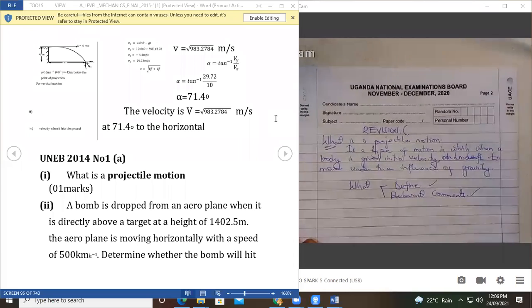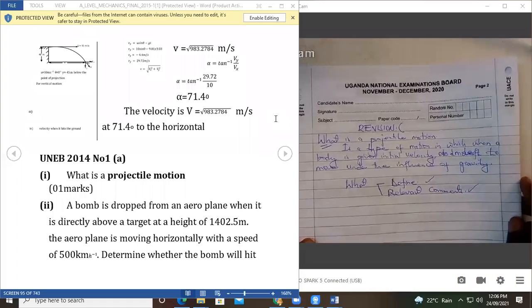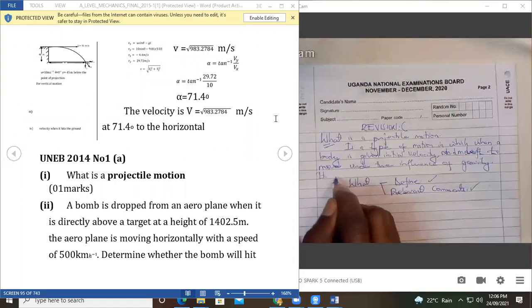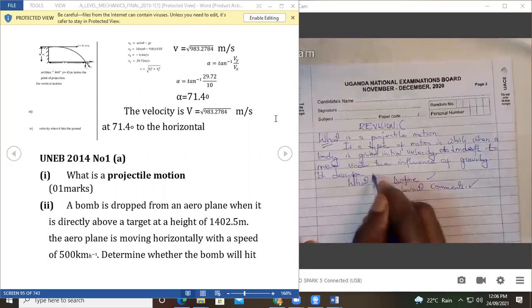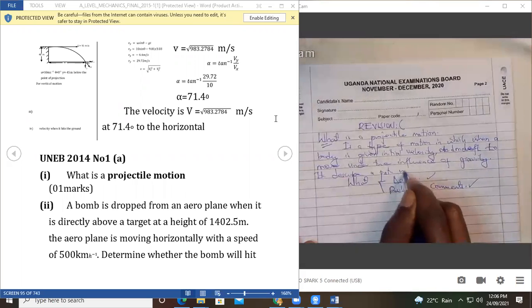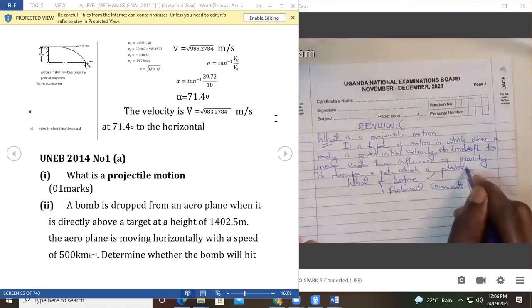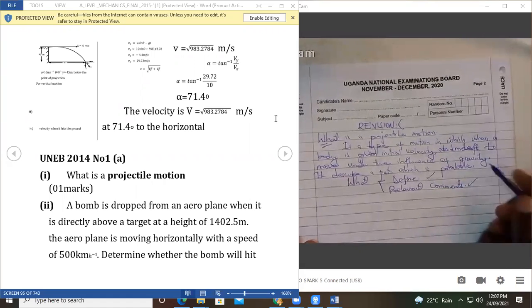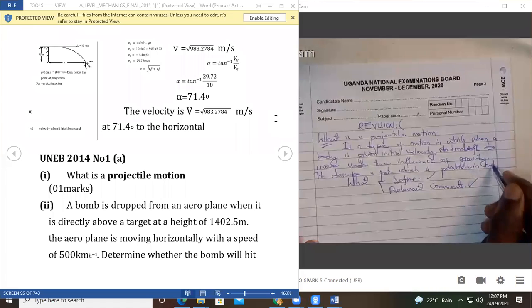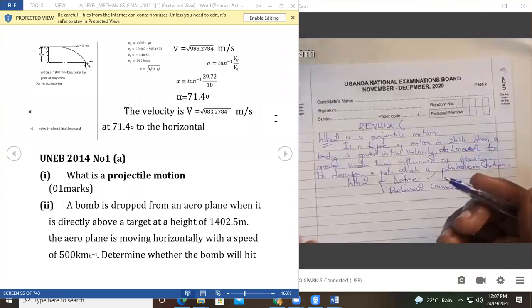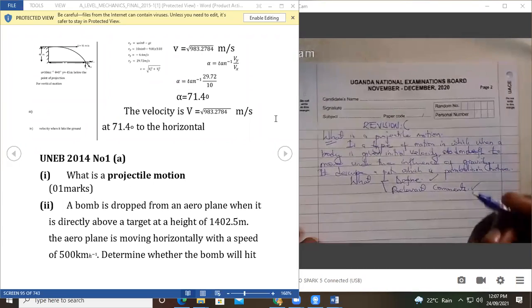You can say it describes a path which is parabolic in nature. Those are the relevant comments we're adding. That's what I expect, giving a solid answer to a given question. Are we together, members?